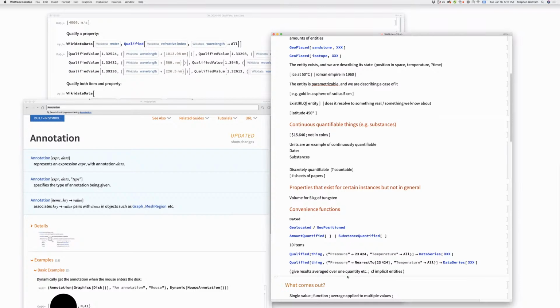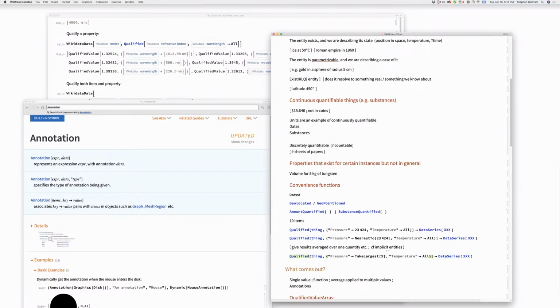So for example, let's say I say take largest of 3, 5, whatever. That would give me the data series. I don't exactly know what that would return. A 2-dimensional data series that is indexed by some pressure values, the 5 largest, and for each of them a temperature series. Yeah, I think that's right. That's an interesting suggestion from Icy on our live stream.